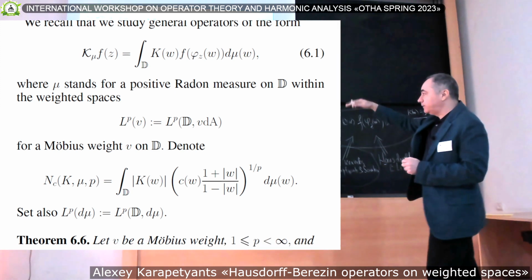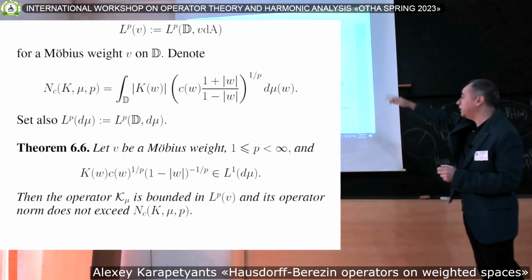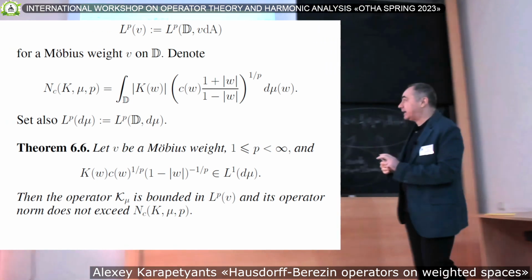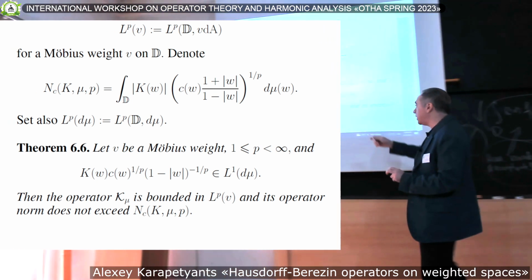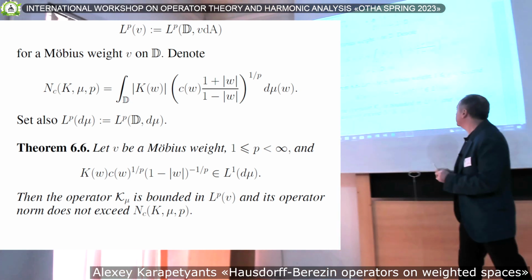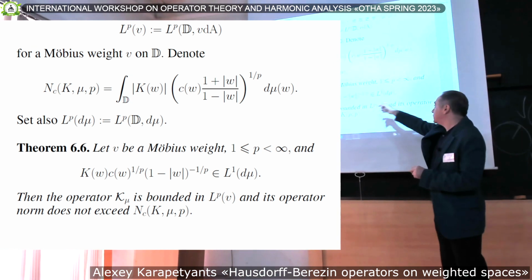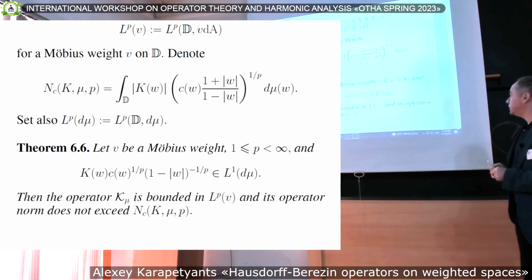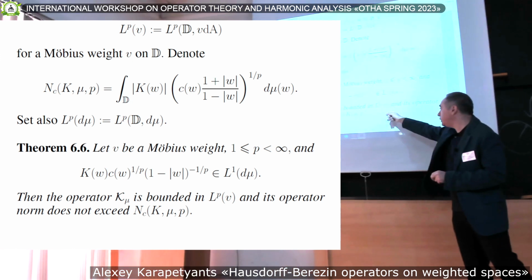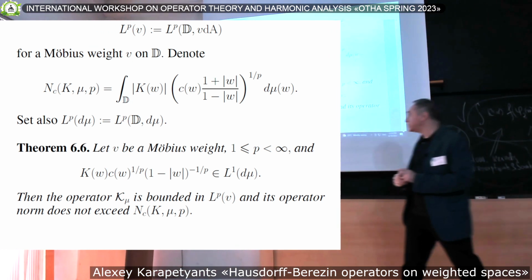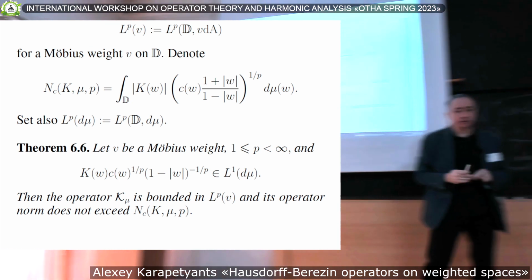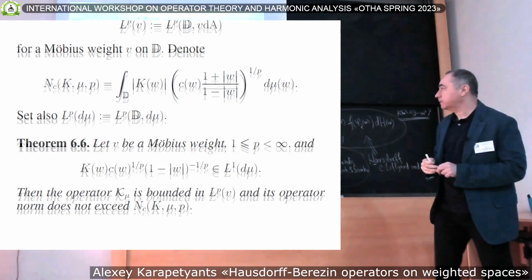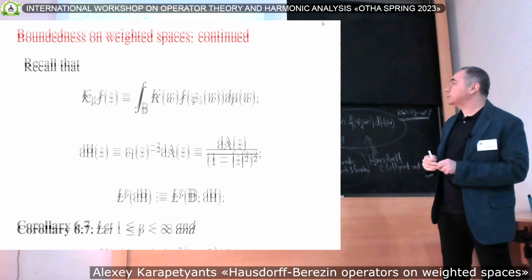Okay, further up to this stop. So the first theorem: the condition involves the upper bound for the weight. If this construction belongs to L1 with respect to this Radon measure d mu, then the operator is bounded in weighted L^p, and the norm doesn't exceed this constant C. Stop.